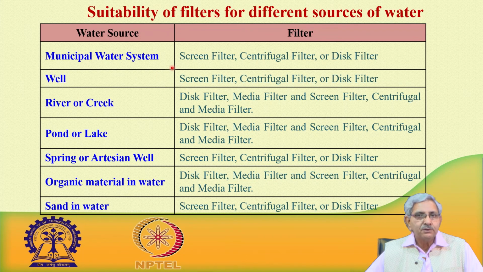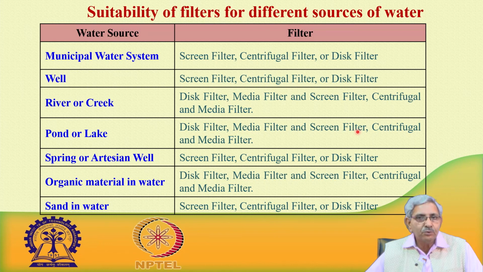Screen filter, centrifugal filter, disc filter are all brought under the category of primary or secondary filters. Centrifugal filter and sand filter fall under the primary filter, and screen filter and disc filter under the secondary. So all kinds of filter are needed.